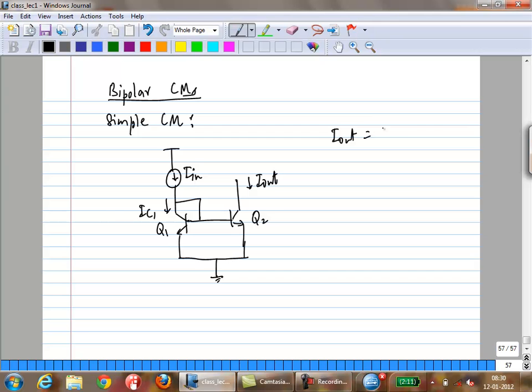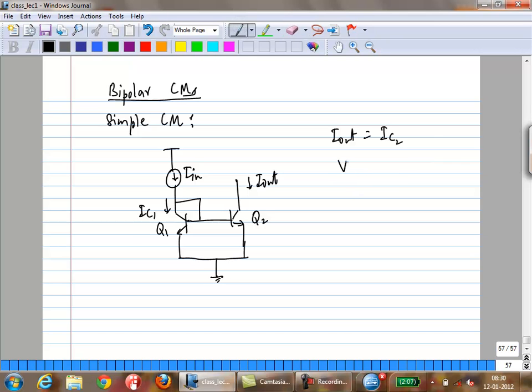Nothing but IC2. Okay, so now IC1 is, actually, let's write the equation slightly differently.